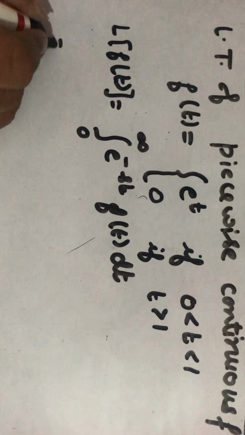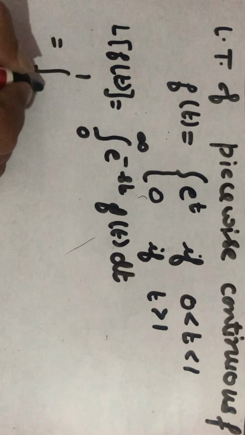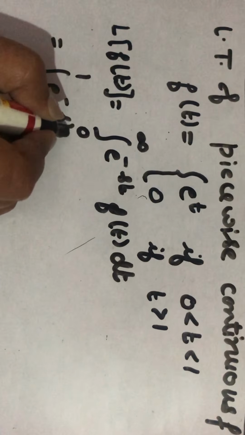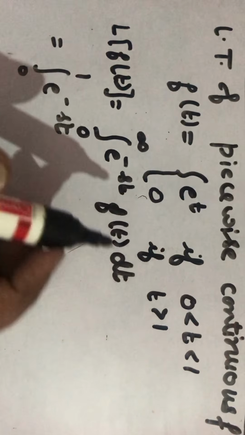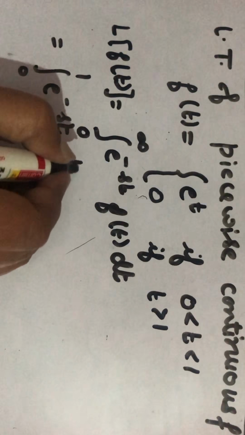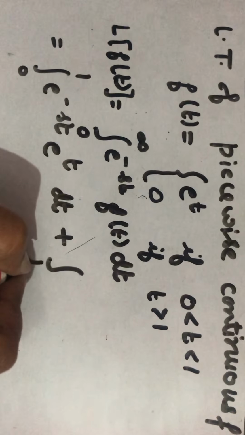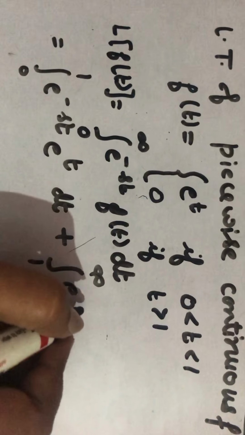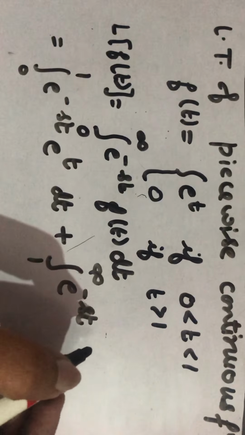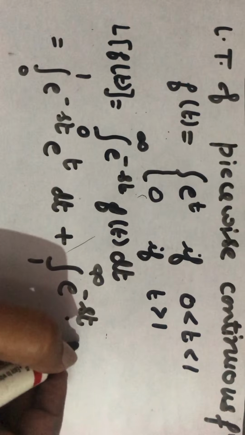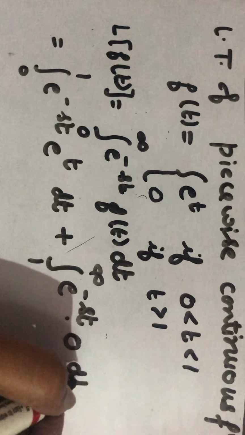So let us take this as 0 to 1 e raised to power minus st, in 0 to 1 function is e raised to power t dt, plus 1 to infinity e raised to power minus st, and from 1 to infinity value of the function is 0.